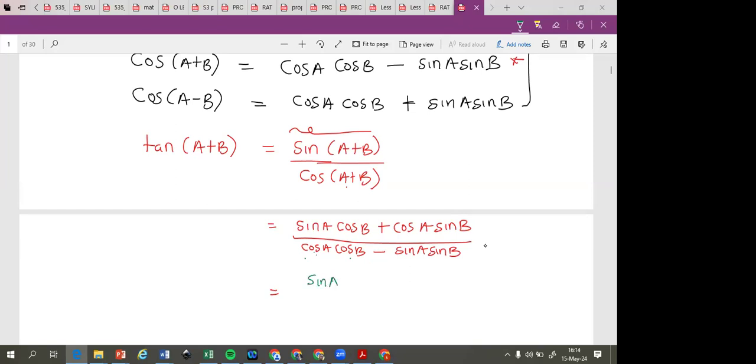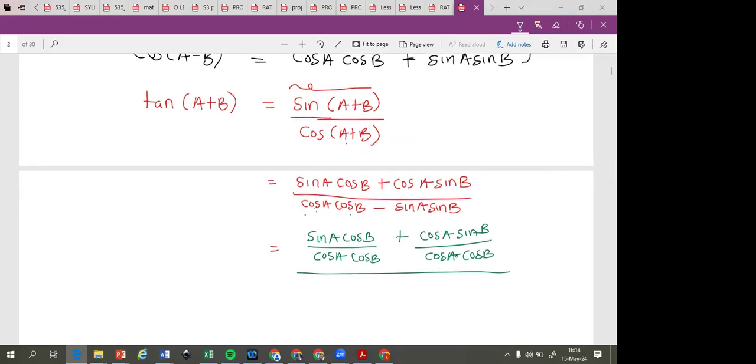So I will say sine of A cos of B, the numerator, I divide it by cos of A cos of B, plus cos of A sine of B, divided by cos of A cos of B. Everything, I'm dividing everything by cos of A cos of B. What I have here is cos of A cos of B, divided by cos of A cos of B, minus sine of A sine B, divided by cos of A cos of B. It is the same thing you do when you have a number.